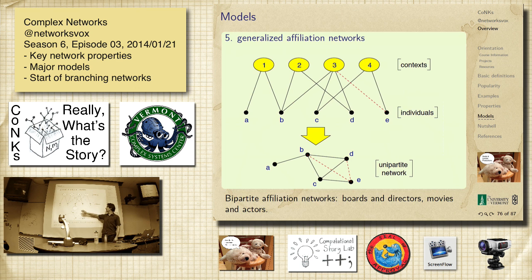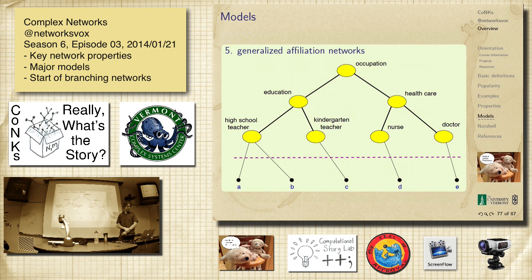So unipartite, bipartite. These are the funny words. All right. A couple of examples, right? So boards and directors, movies and actors. Okay, cool. And you can go on with these things. You guys have seen this. If you've seen PCs, you can start to think about these contexts that, say, in this case for people, that they move in, that they have some structure, right?